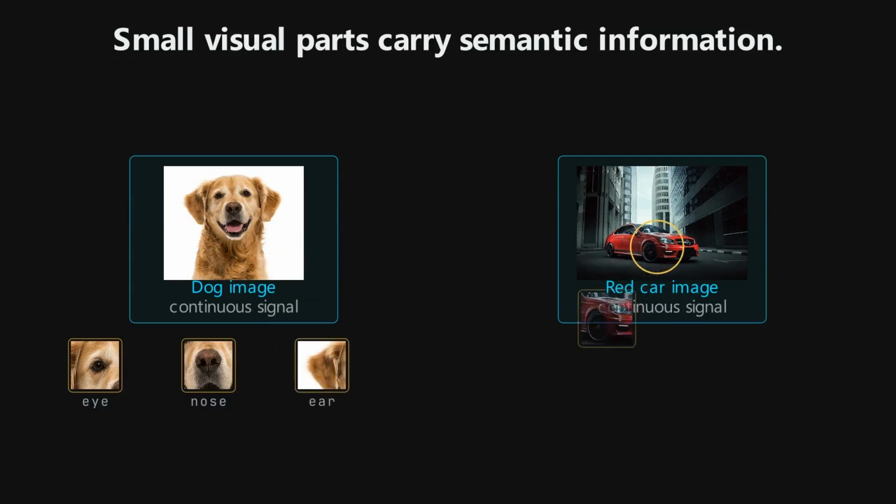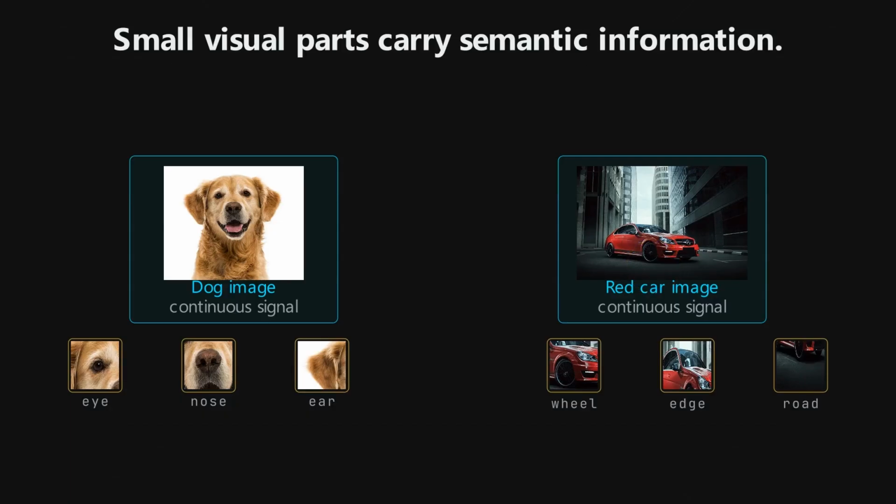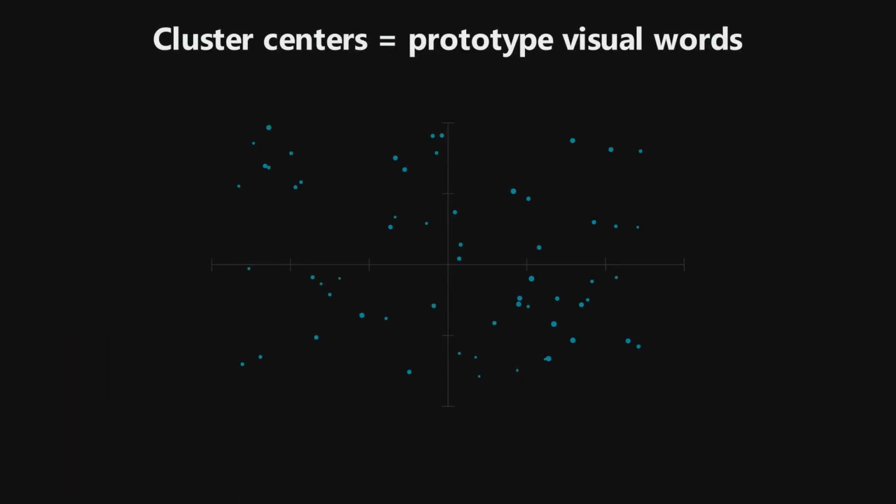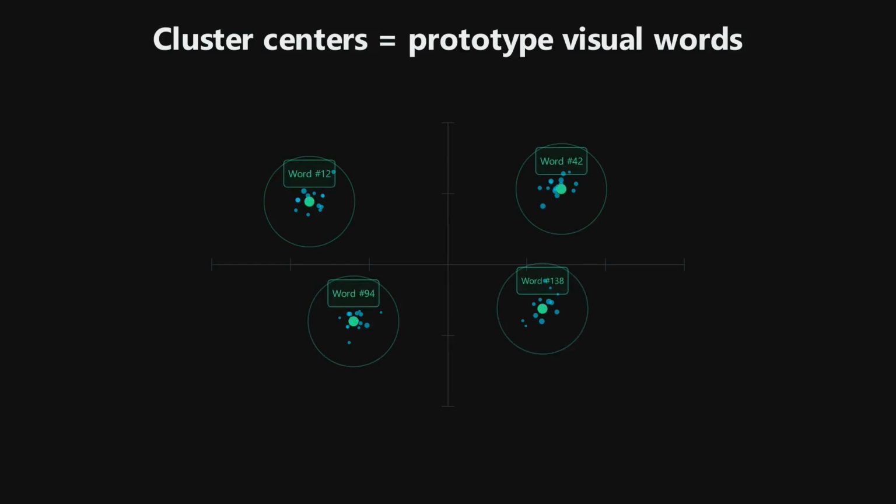The problem is that images do not come with words pre-installed. An image is a continuous field of pixels, hundreds of thousands, sometimes millions, of values. Asking a model to predict every pixel directly is possible in theory, but in practice, it is painfully expensive, like writing a novel one molecule of ink at a time. So instead of looking at individual pixels, we look at small visual regions.